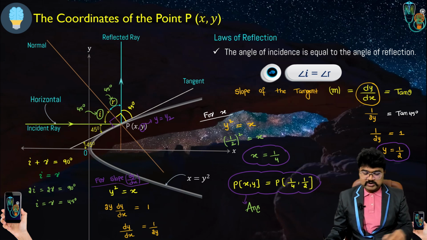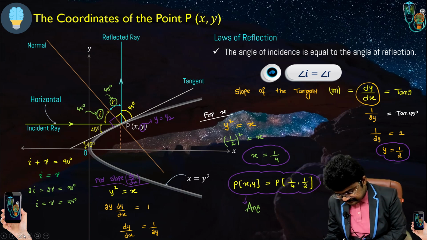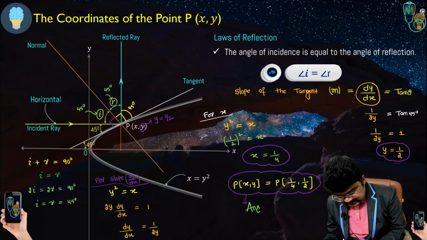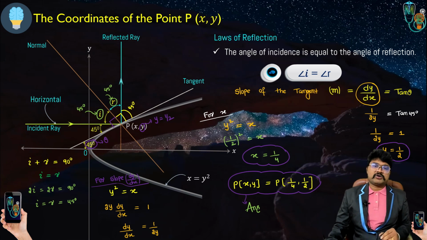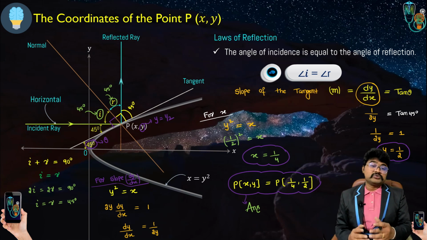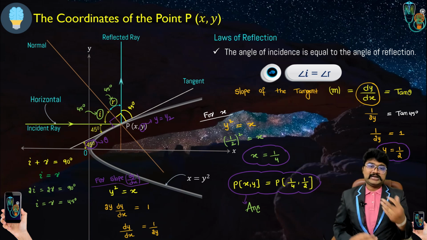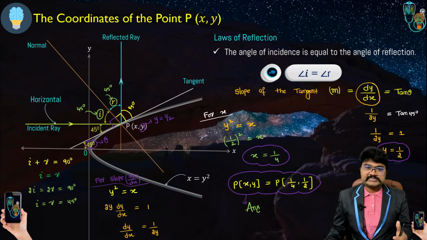From here, what is the slope of this line? Tan theta. So this is theta. Theta equal to 45 degrees. If they give some other numerical data, you are in a position to answer using this procedure.